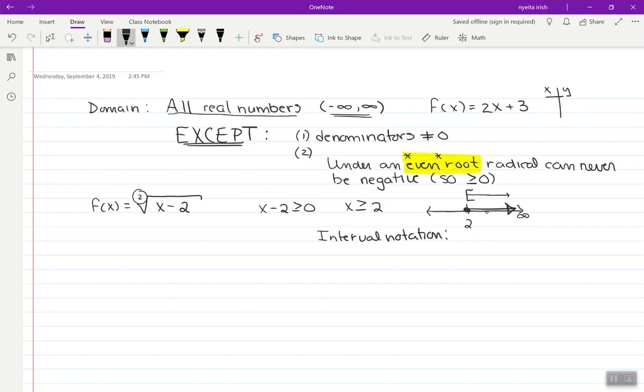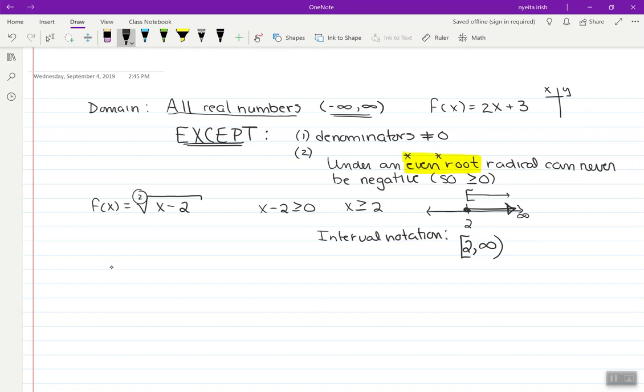Starting from left to right, I start at 2, I go to infinity, it's a bracket on 2 and a parenthesis on infinity. Because I go from left to right, the number that I write down first should be smaller than the second number. In interval notation, the number on the left is the small one, the number on the right is the bigger one, in this case infinity. Next to infinity symbols, you always put parentheses.